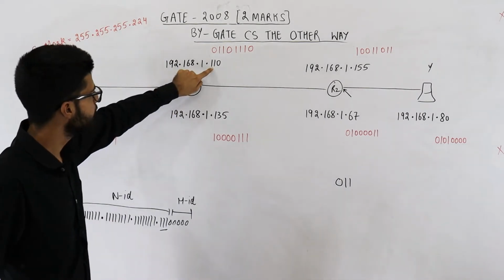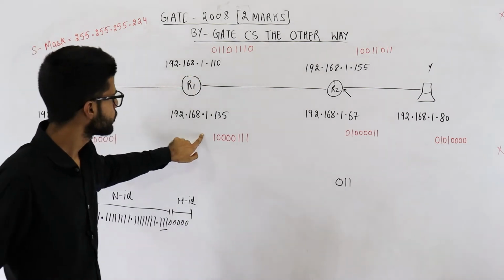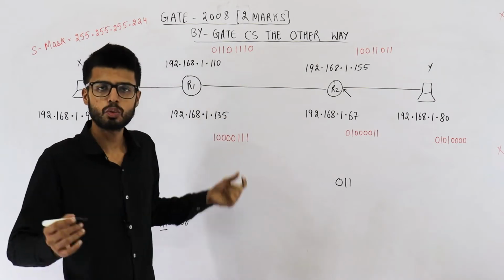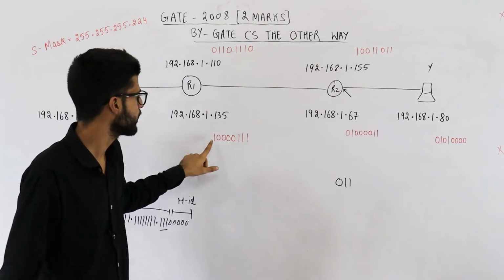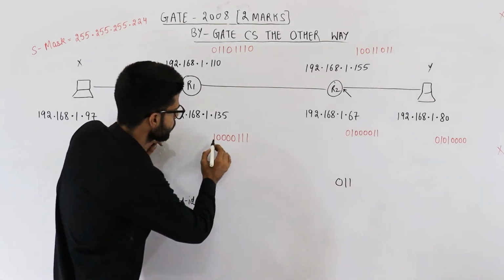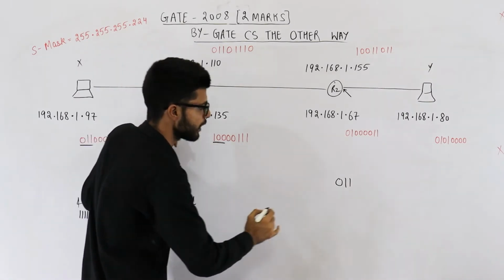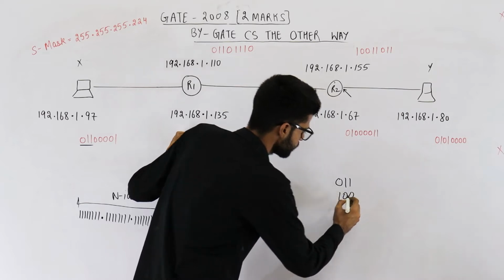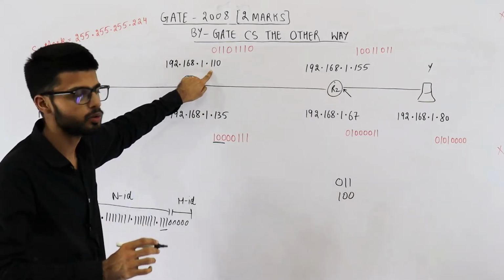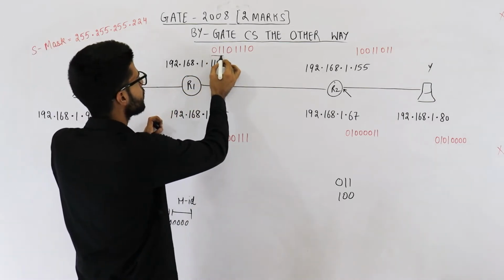In parallel, let's analyze the others. 135, if you convert it into binary 8 bits, you are going to get 10000111. The first 3 bits of this last octet are 100. The first 3 bits of this IP address's last octet are 011.